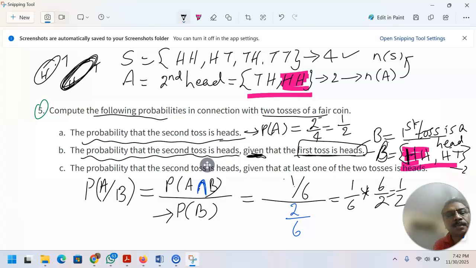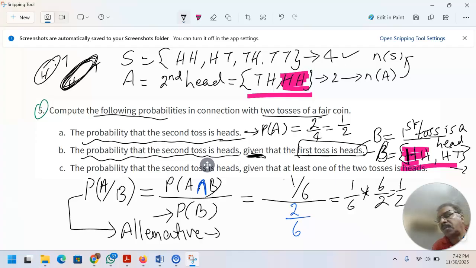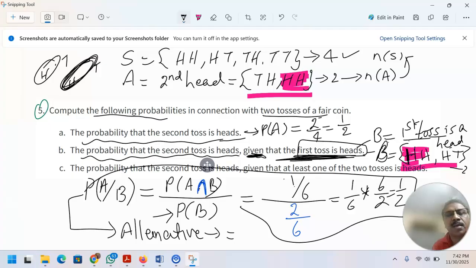Is there another alternative way to do this? We can use the reduced sample space. Of course, the right way is using conditional probability, but if you want to use the reduced sample space, you already know the first toss is head, so there are two of these.